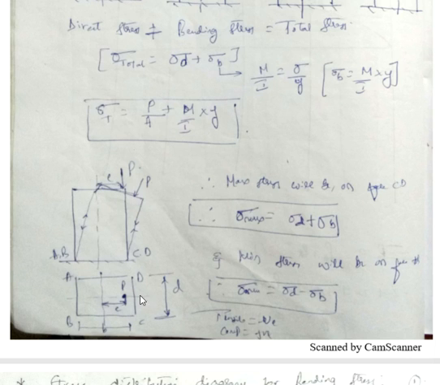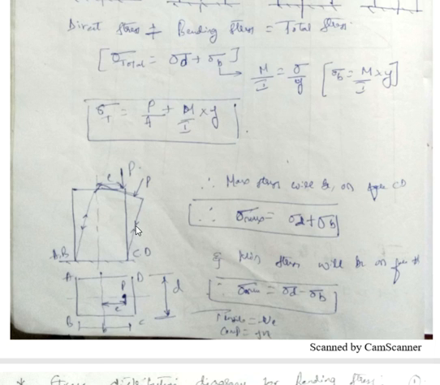Now if you consider corners C and D, here are the corners C and D. This layer is getting compressed, that means its length is getting decreased. So bending stress will be negative, I mean, bending stress will be compressive in nature. In that case, even the direct stress is compressive, and bending stress will also be compressive in nature, so I am going to add both of them.